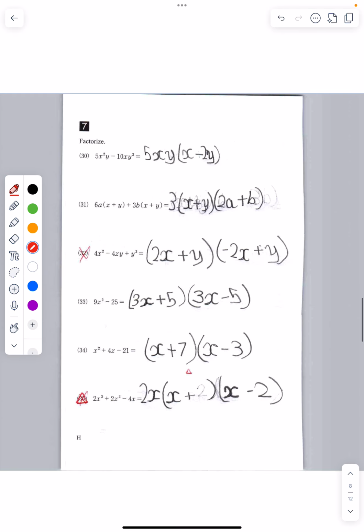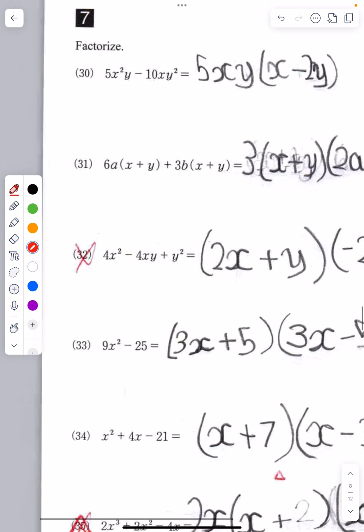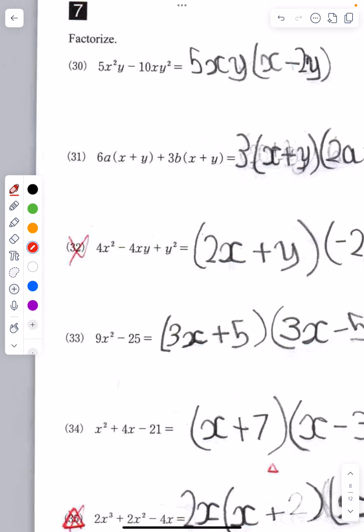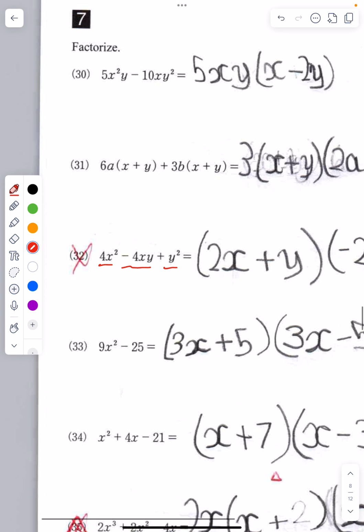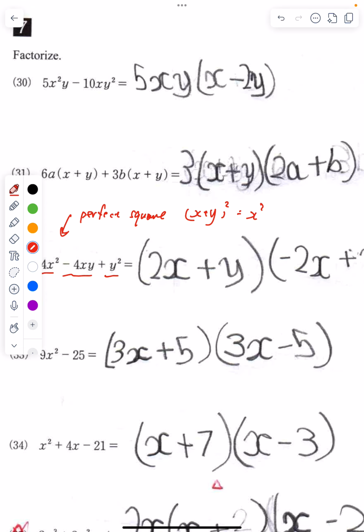Okay, factorization. In factorization, question number 32, we have 4x squared minus 4xy plus y squared. In this case, this looks like a perfect square. What is a perfect square? A perfect square looks like this: x plus y, let's say, squared should be equal to x squared plus 2xy plus y squared.